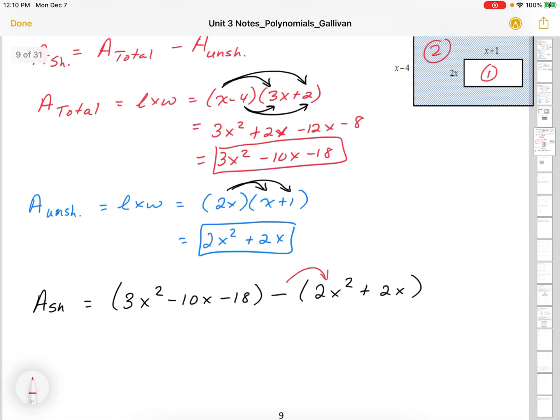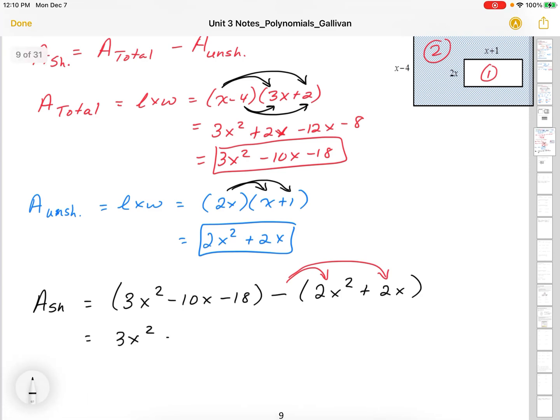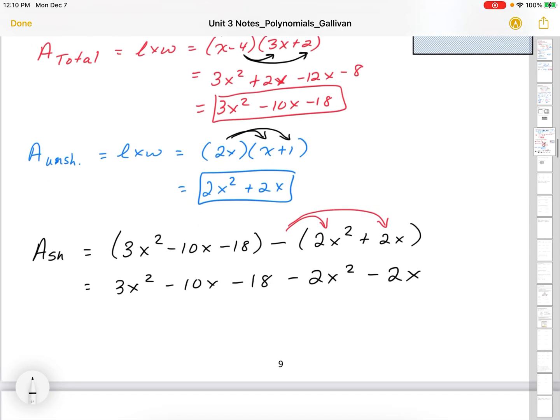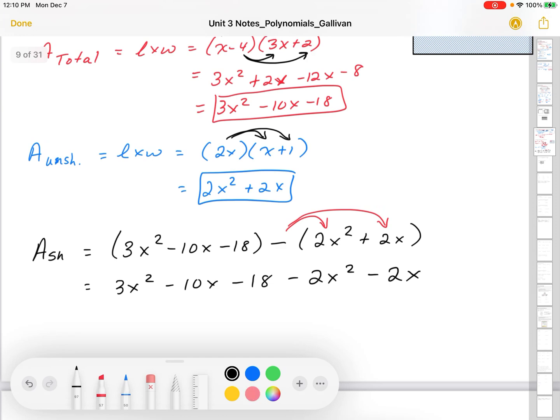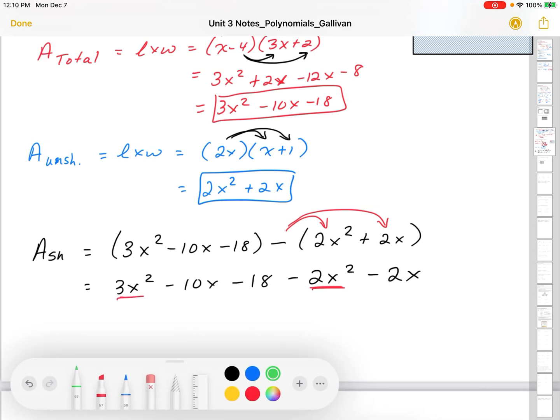Now, the big thing is we need to distribute that negative sign. So if we expand these brackets, 3x squared minus 10x minus 8 minus 2x squared minus 2x. We need to get those negative signs correct to do this. Now we're going to combine our like terms. I have an x squared there and an x squared there.